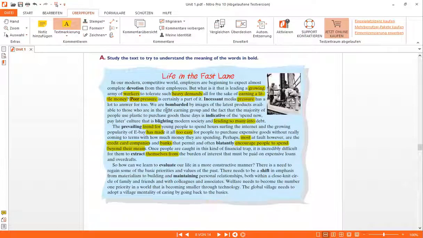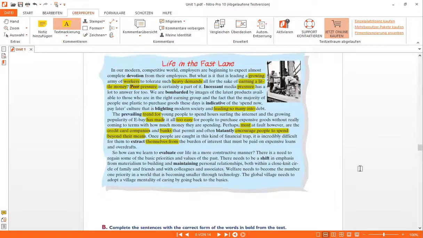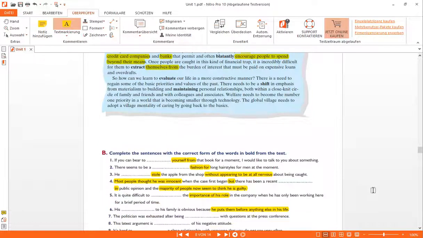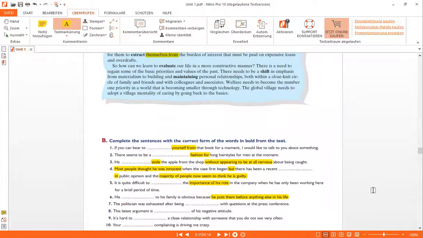For example, that word is here, extract themselves from. Do you see that? See how words that come after the gaps are very powerful. Use them. Themselves as yourself, and from exactly, so the word is extract. Extract yourself from that book means take your attention from that book for a moment.